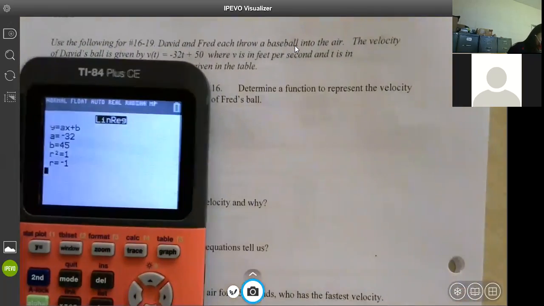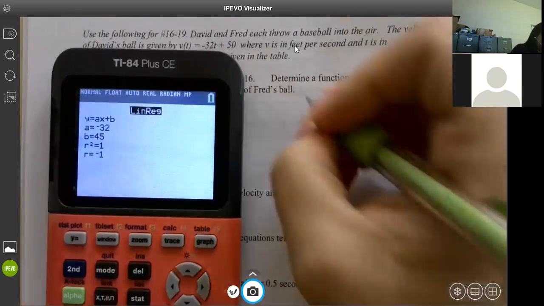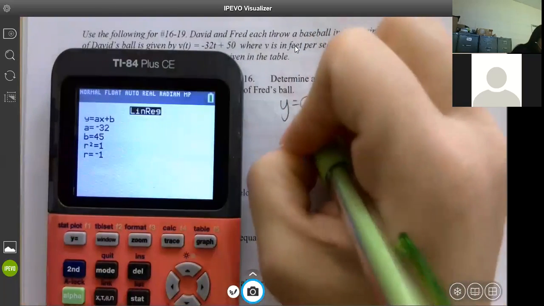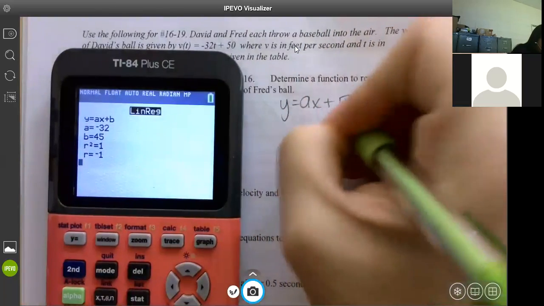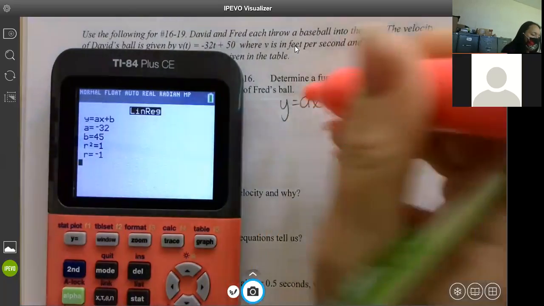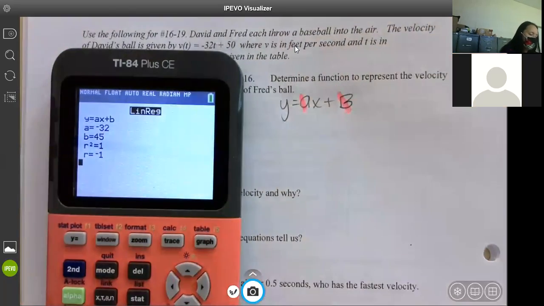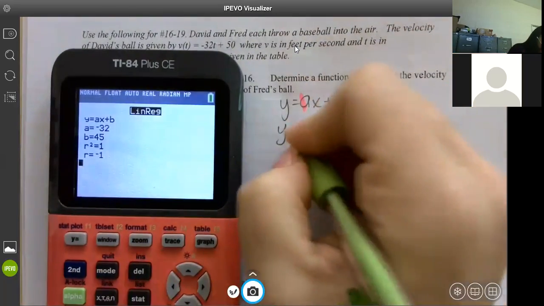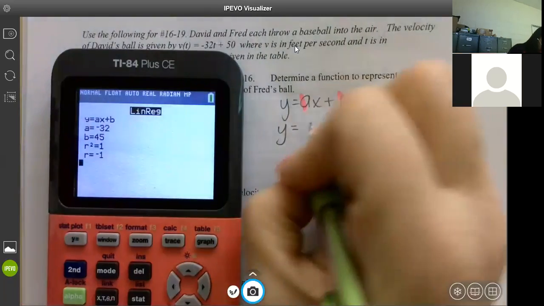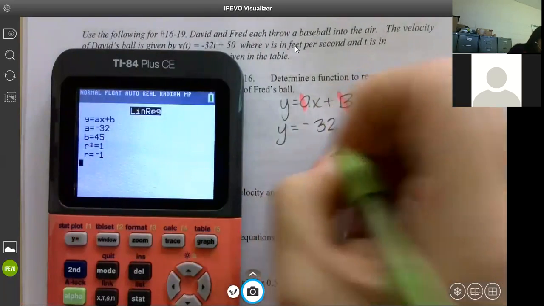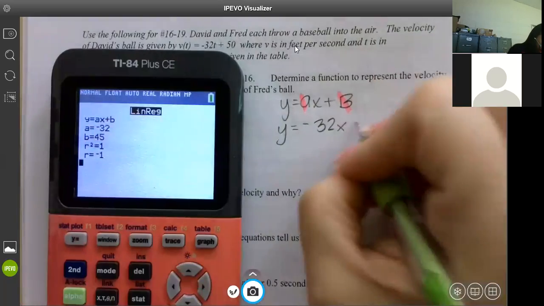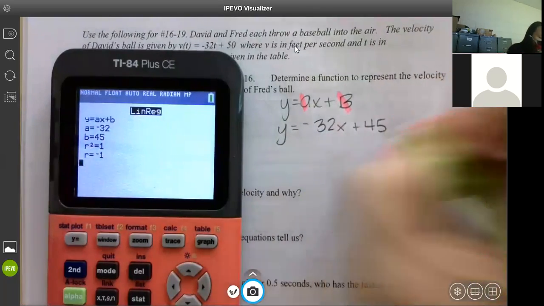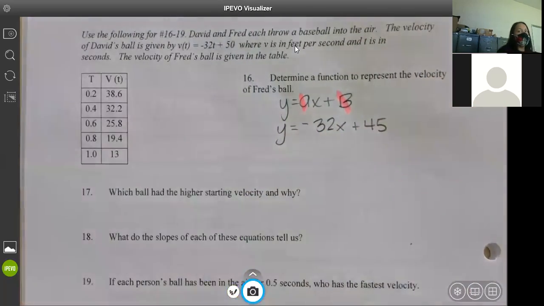So Fred's, if we look at our equation, y equals ax plus b, we're going to plug in for a and b. Don't forget that. So y equals, our a was negative 32. Make sure you put your x, your b is 45, plus 45. That's all you do for 16. Okay, it just wants Fred's equation.